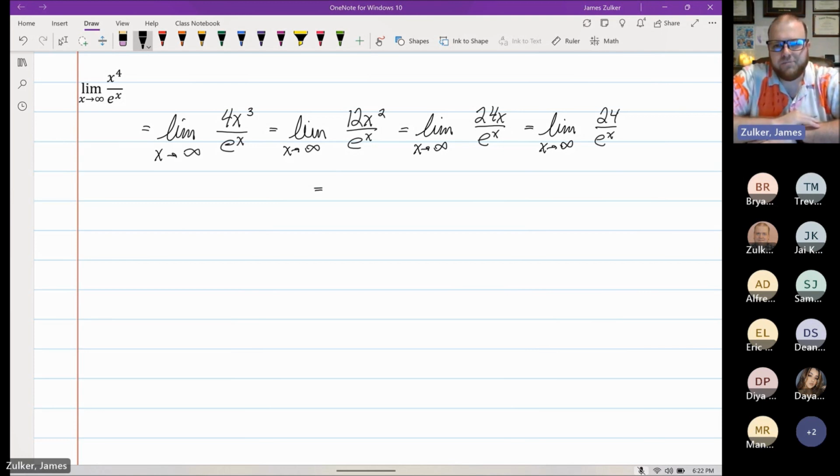We no longer get an indeterminate form. This limit is 0.